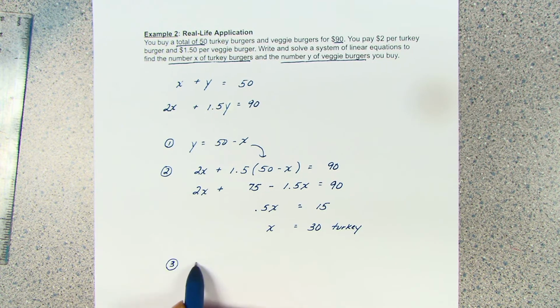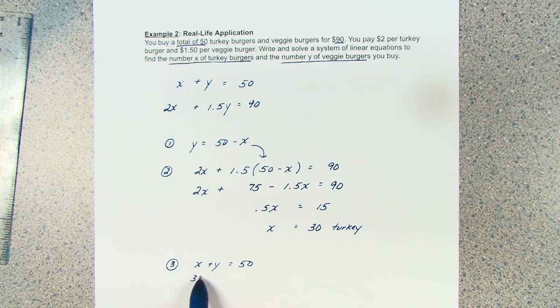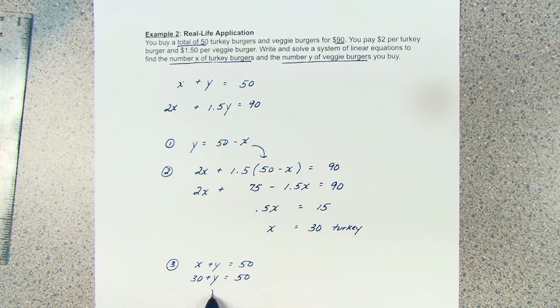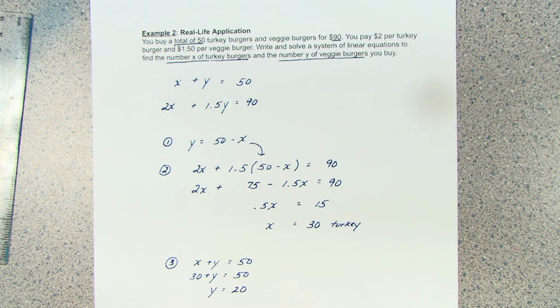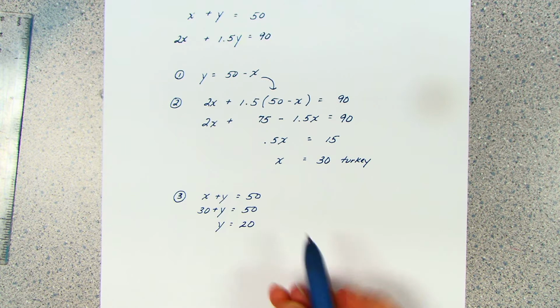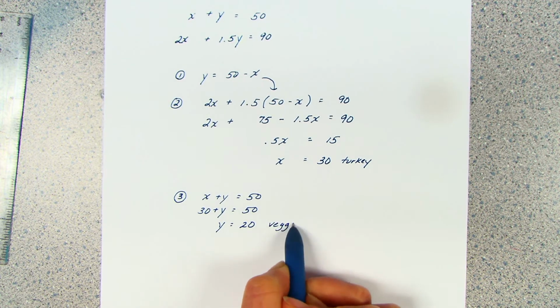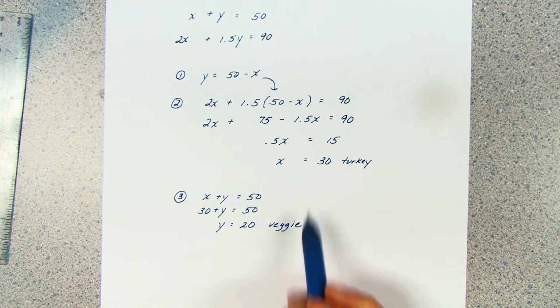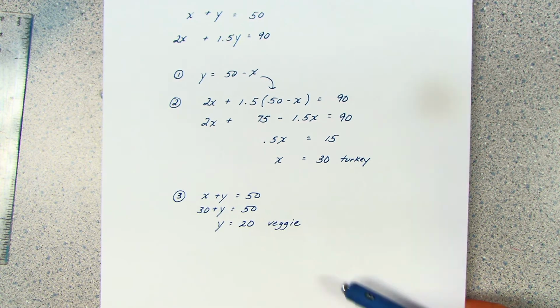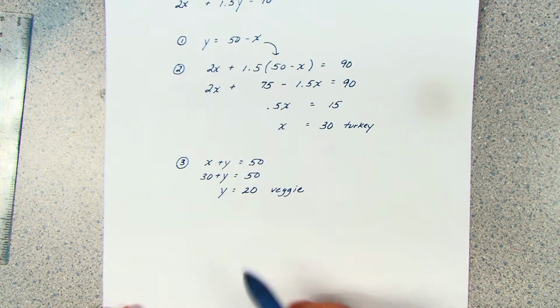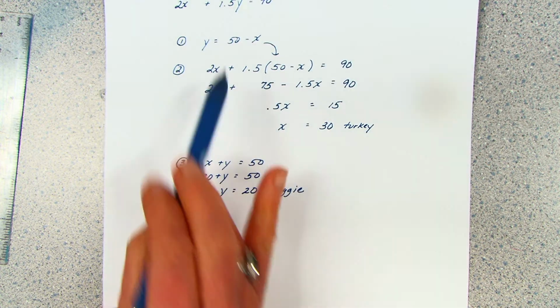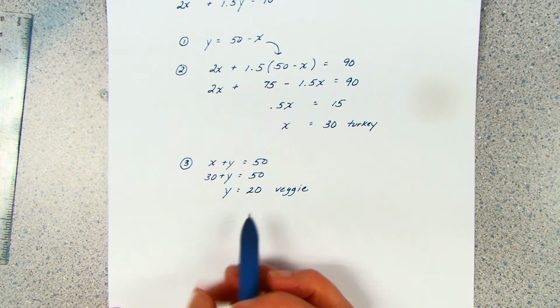If x is equal to 30, then y is equal to 20. So then we have 20 veggie burgers. And then you can substitute back in to check. If I take 30 and 20, obviously that adds up to 50.